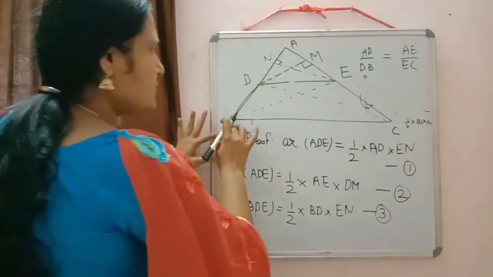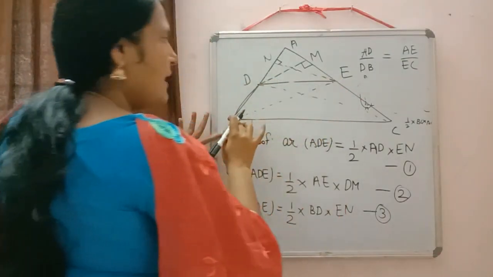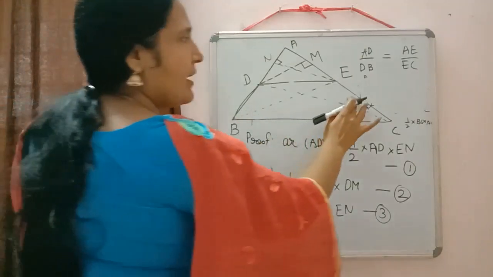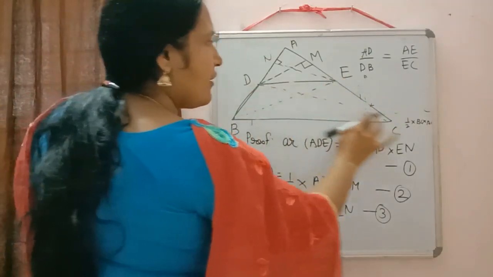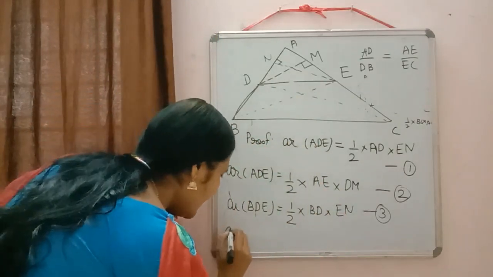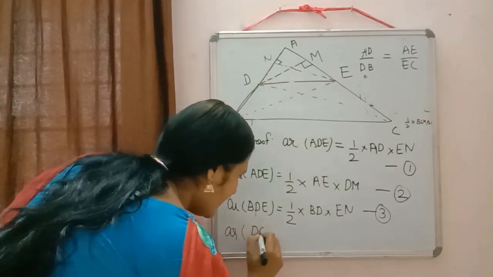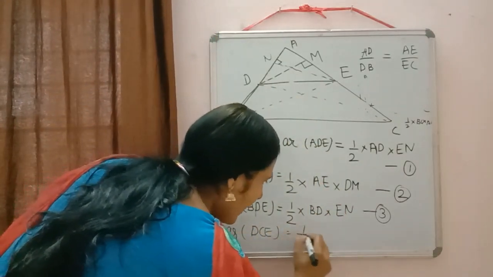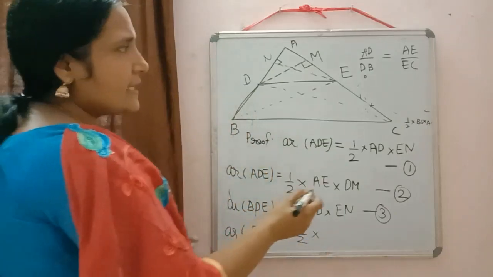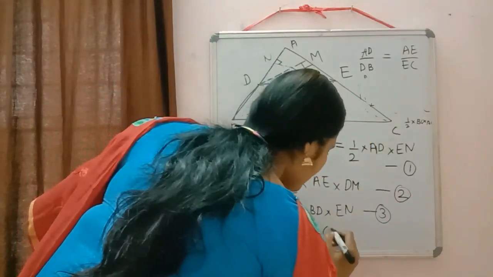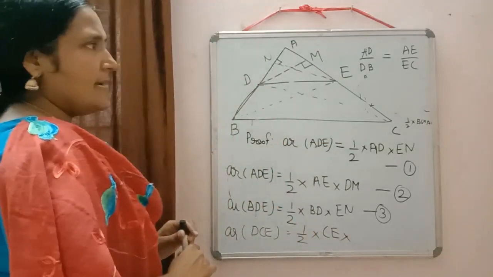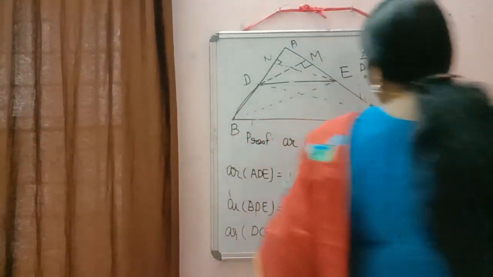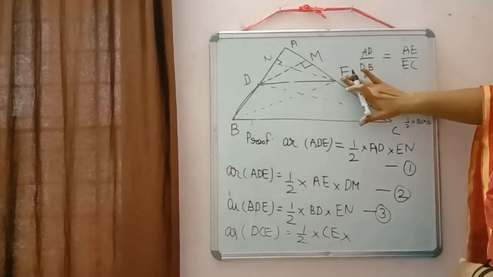In the same way, first we did the area of triangle BDE. Now we will find the area of triangle DCE. Area of triangle DCE is half into the base CE, into the height. Here we have taken the base CE.